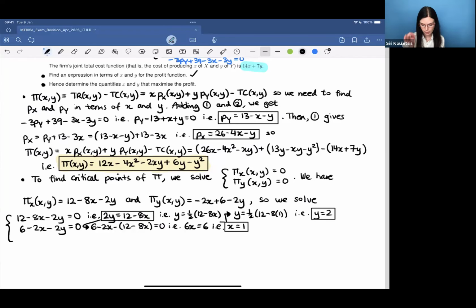And there we need to move on to the Hessian, and now we need to calculate the second order partial derivatives.